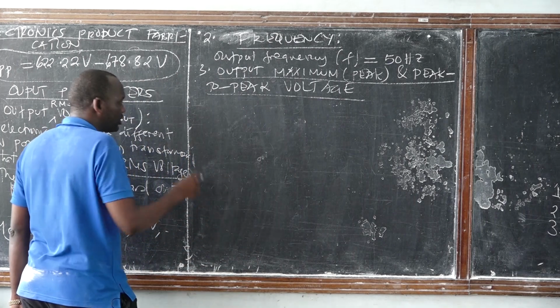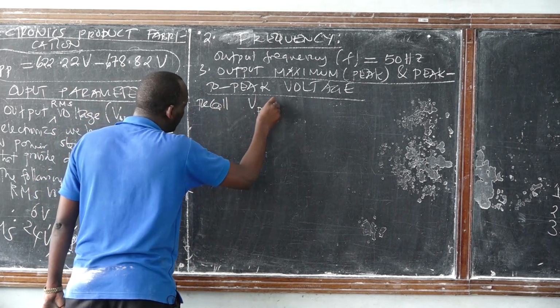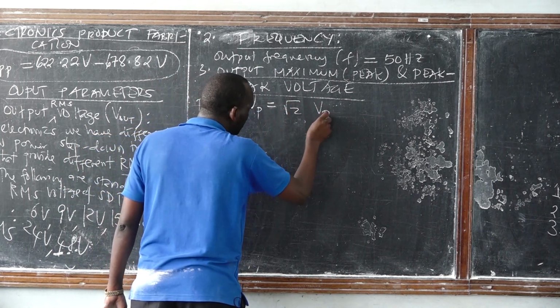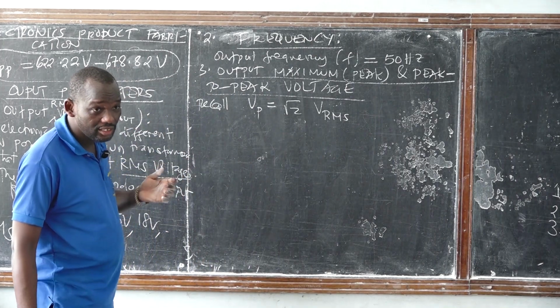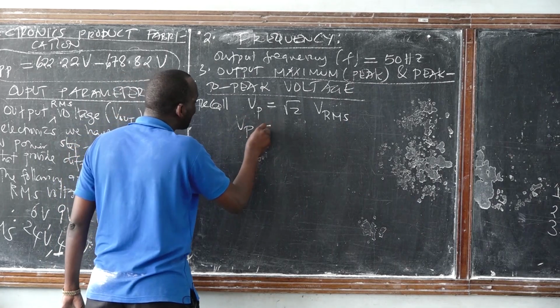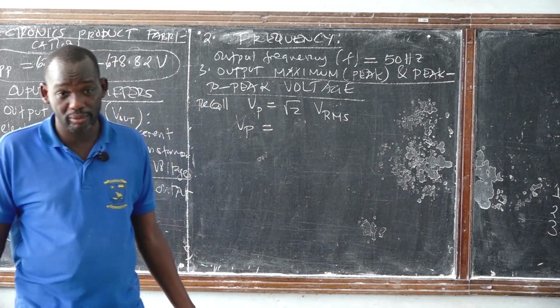So the principle is still the same. We have to recall: peak voltage is equal to square root of 2 times the root mean square voltage. Right? So for you to compute the peak voltage, you just need the output root mean square voltage of the transformer.